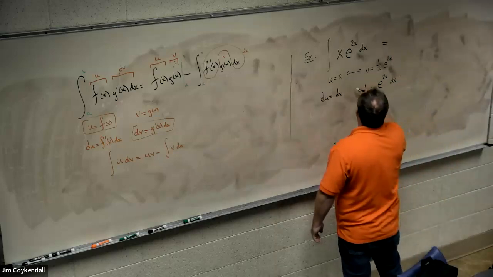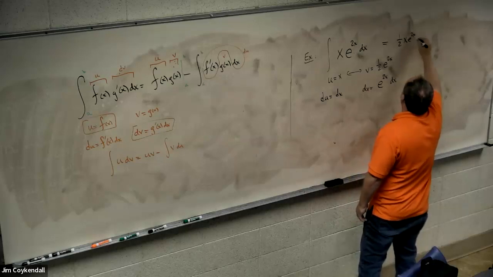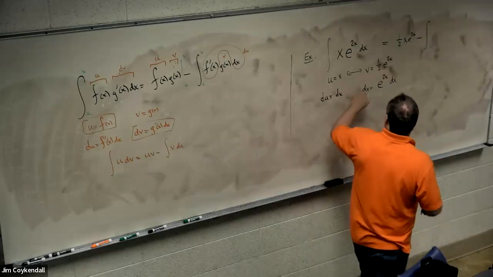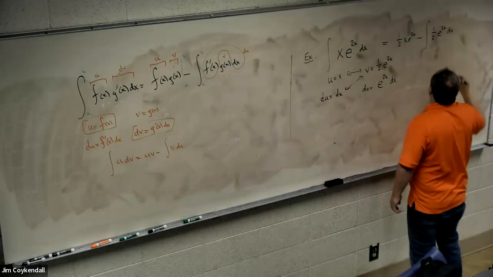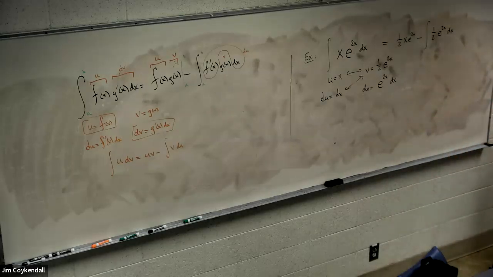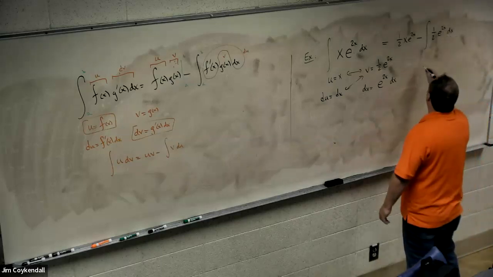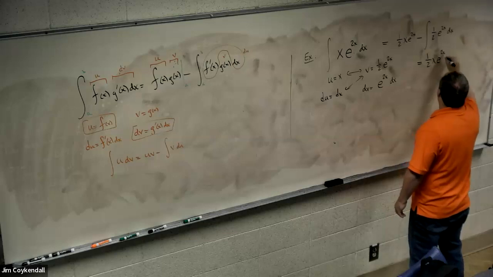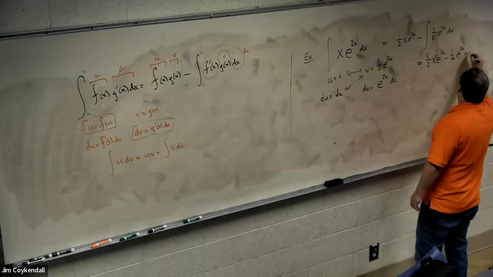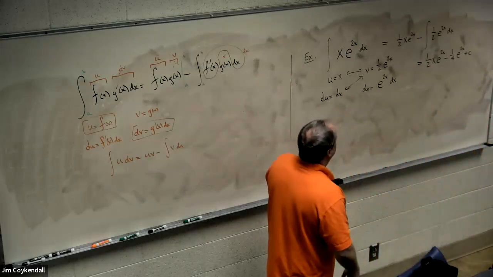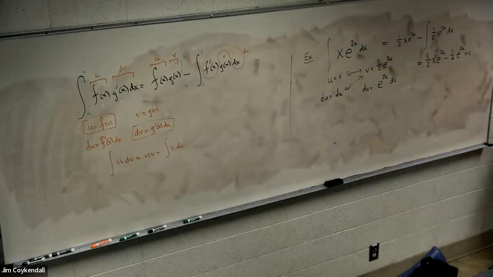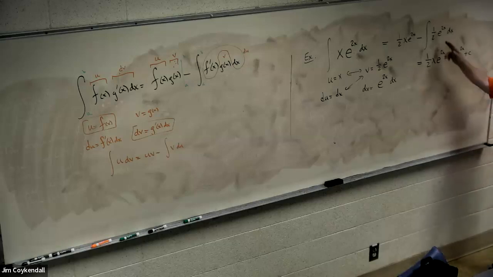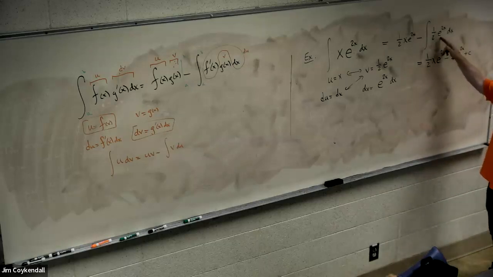This should be u v, which is 1/2 x e to the 2x minus this cross term, and this is another 1/2 e to the 2x, so I get 1/2 x e to the 2x minus 1/4 e to the 2x, from taking the antiderivative of this, it's 1/2 times another 1/2 e to the 2x.